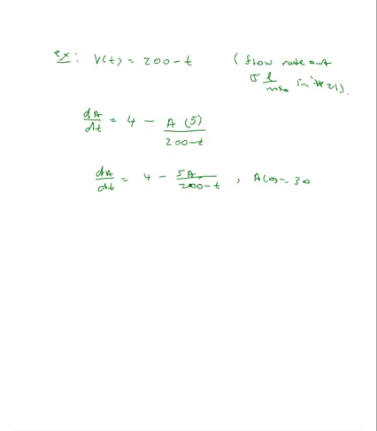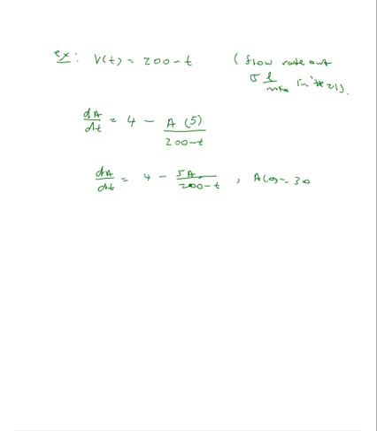To get the rate at which the salt is coming in, you multiply the rate at which the liquid is flowing in times the concentration of the salt in the liquid that's coming in. And to get the rate at which the salt is going out, you multiply the rate at which the liquid is going out times the concentration of the mixture that's going out.